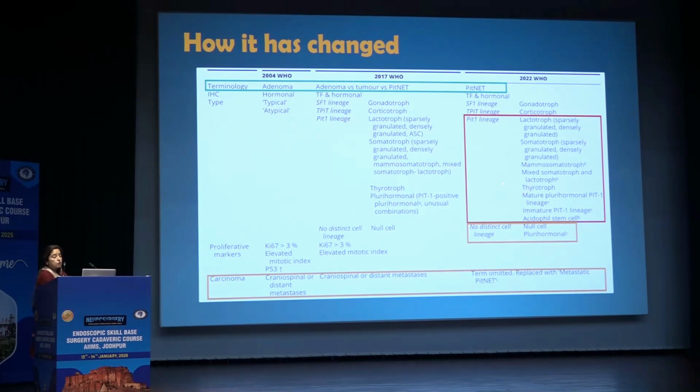Now it has 8 tumors, which are called the subtypes of the tumors. And this was the new entity I was talking about, the no distinct cell lineage, that comprises two types of tumors, null cell tumor and plurihormonal tumor. Proliferation markers haven't been given any importance in the 2022 classification, and as I have said earlier, the pituitary carcinoma term has been omitted.